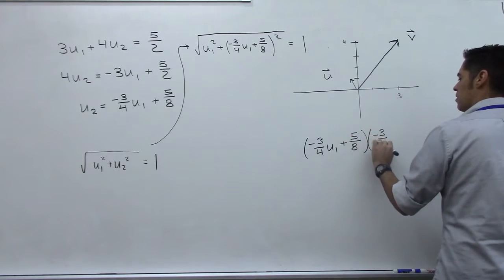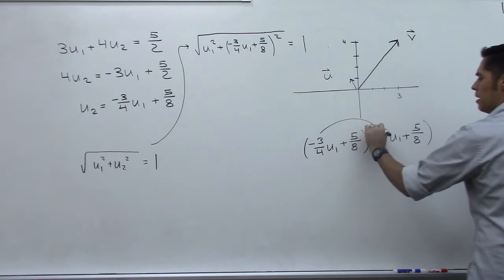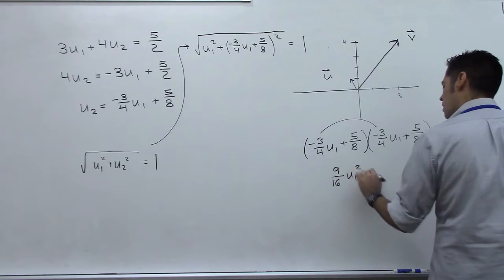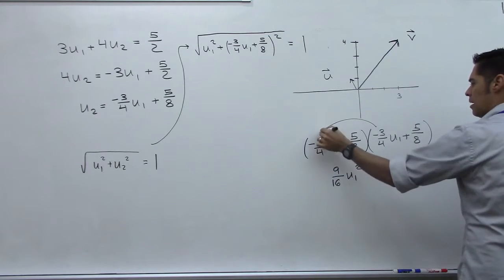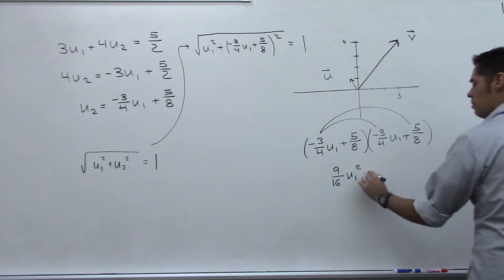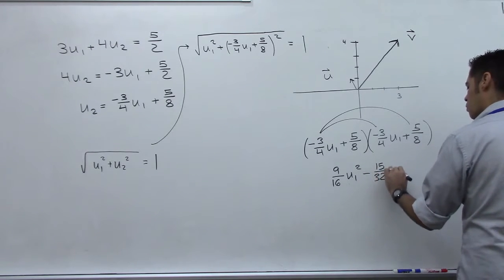Here to here, you get 9/16 u1 squared. Here to here, it's going to be a negative number, negative 15 over 32 u1.